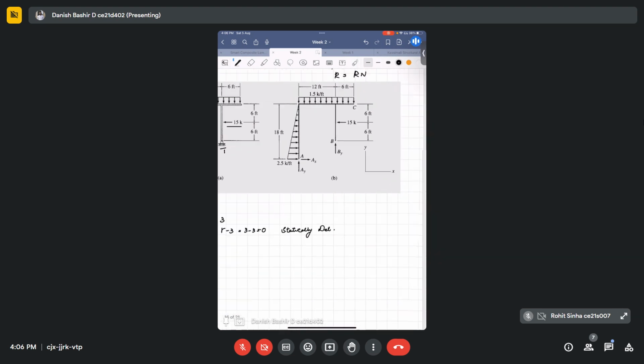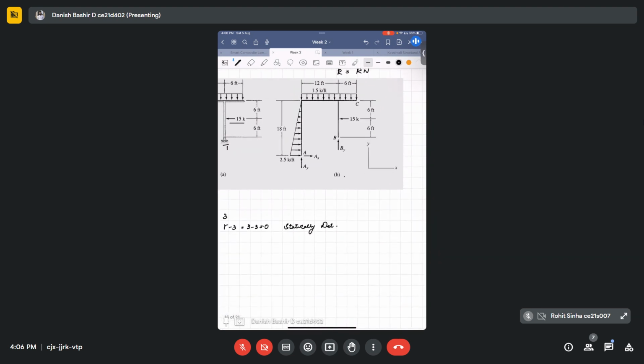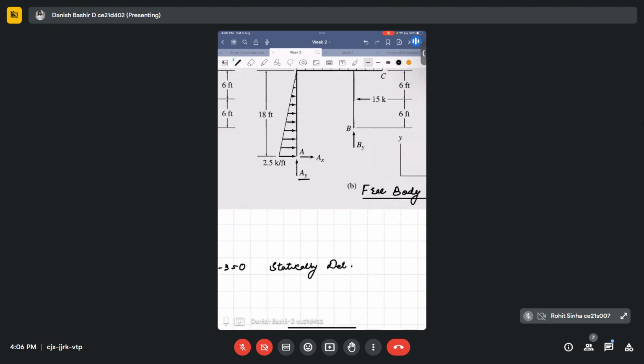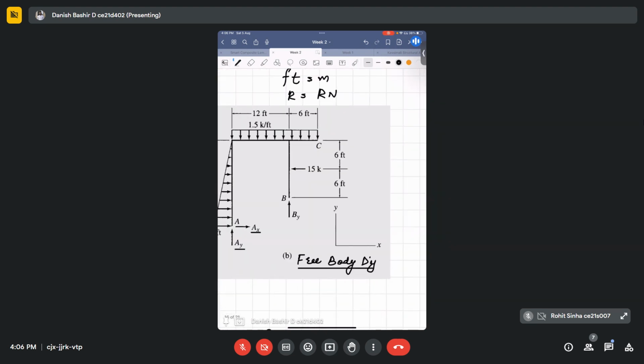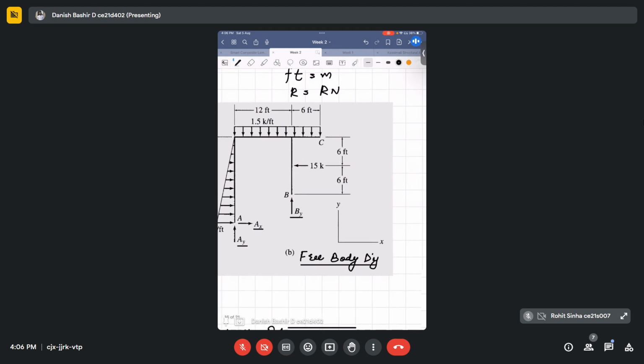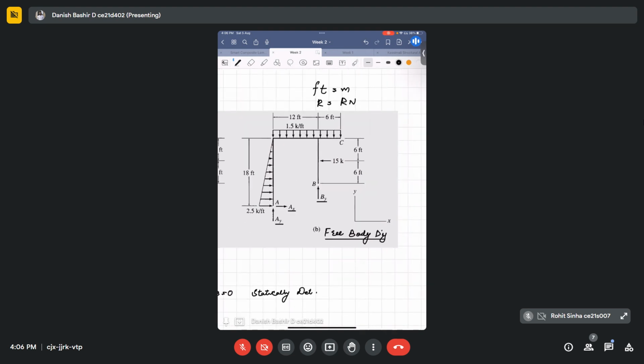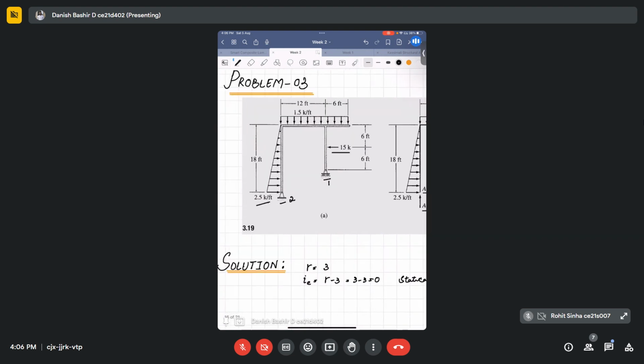Next thing is to draw the free body diagram. Here is the free body diagram. In the free body diagram, supports are removed, so we will have two reactions, AY and AX at the hinge support, and only one reaction BY at the roller support, and all the other loads are shown as they were in the main structure.